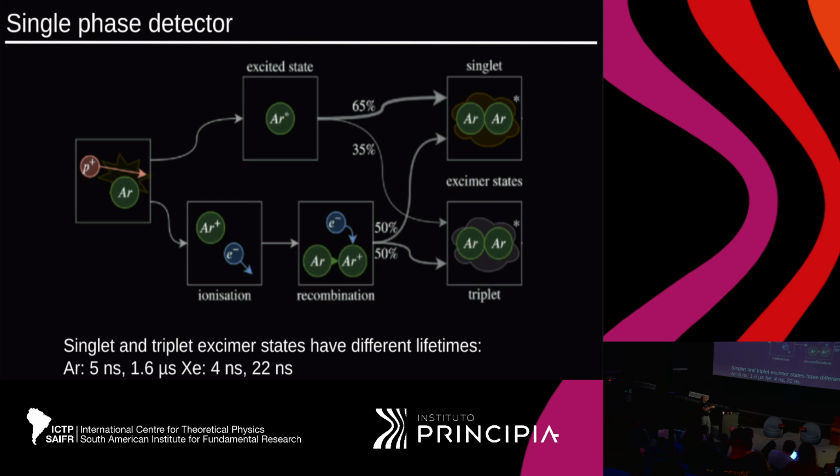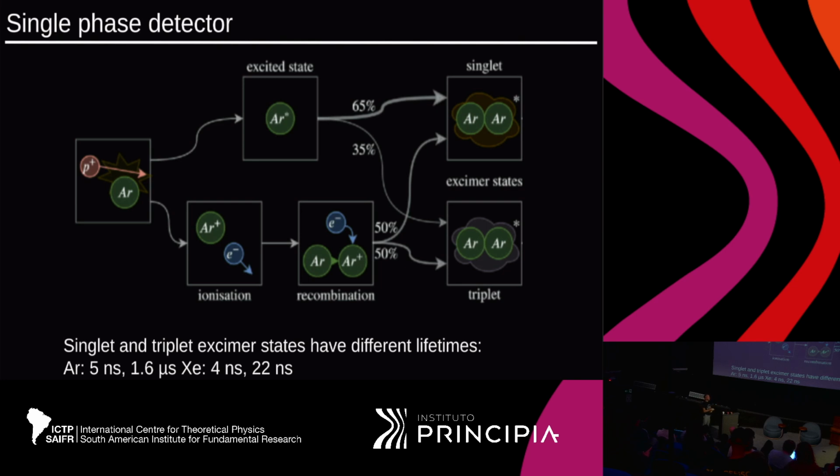Again, there is this other path in which the argon just goes to the excited state immediately, and it can also go into a triplet or a singlet state. In both situations, you end up in an argon molecule, but these two things are at a different excitation level. So they will last a different amount of time until they dissociate and produce light.